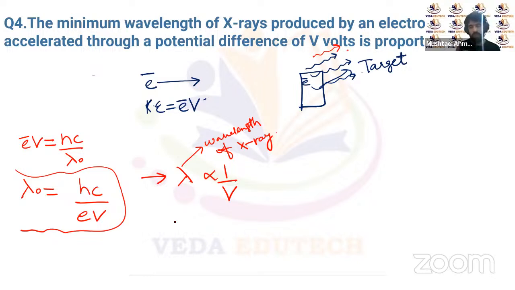We know that in the case of de Broglie wavelength, the wavelength is inversely proportional to root V. But that's the concept of the de Broglie wavelength. We are here talking about X-ray production, so this wavelength is the wavelength of the photon. It's not the de Broglie wavelength.